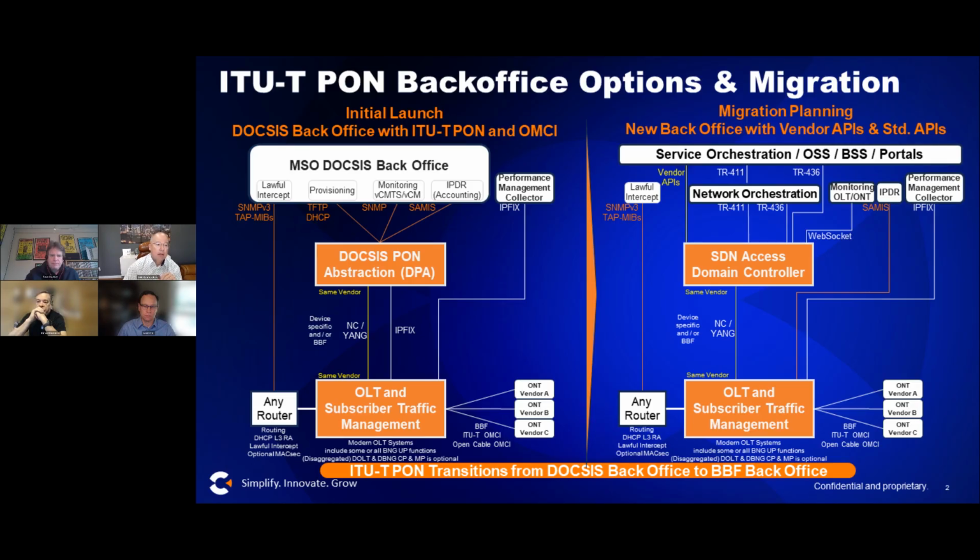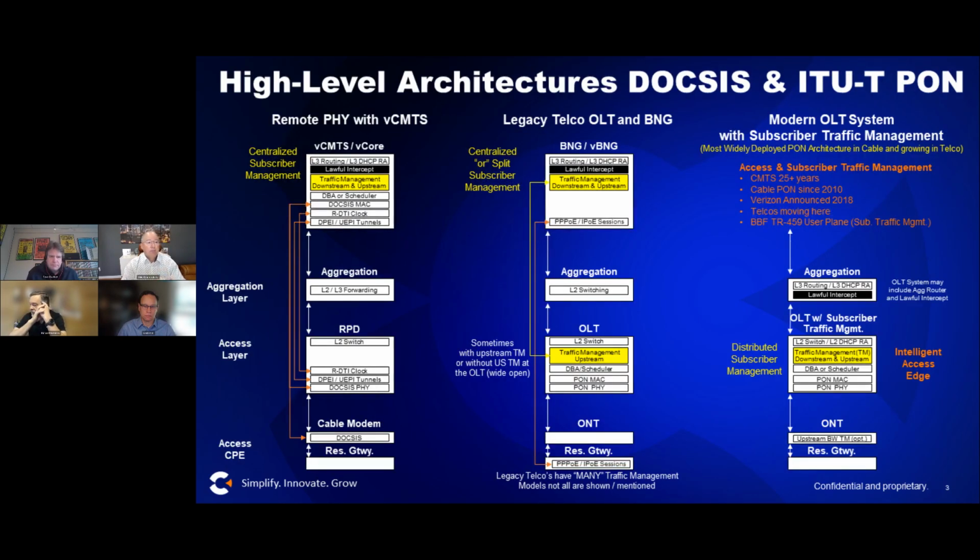The next area that we're looking at more deeply here is that area of traffic management. If we look at where cable is today with the remote PHY architecture, you have the traffic management function in a virtualized form. And that's possible really because the MAC is in a virtual form.